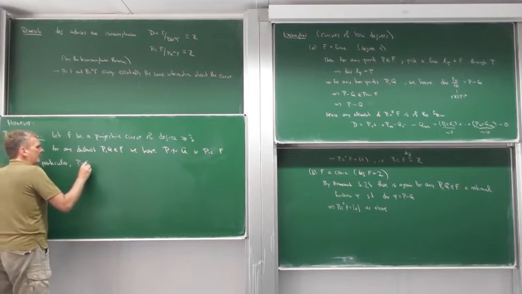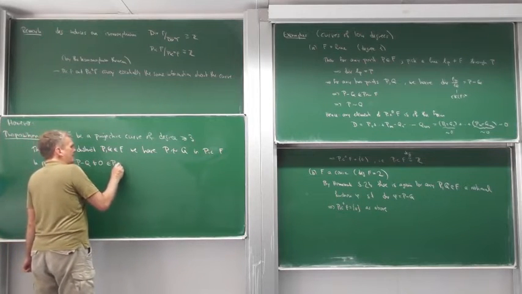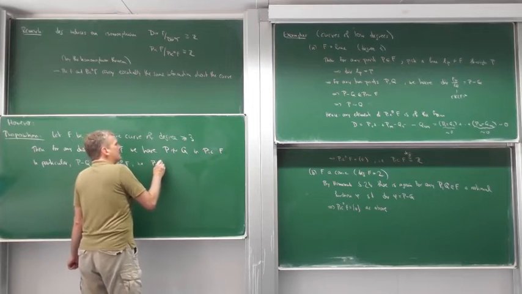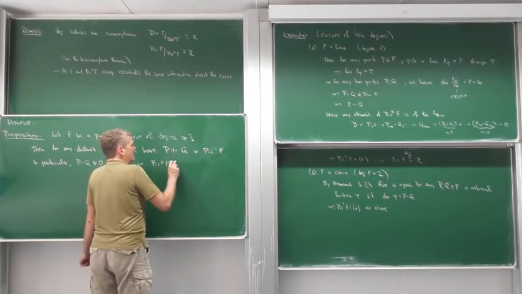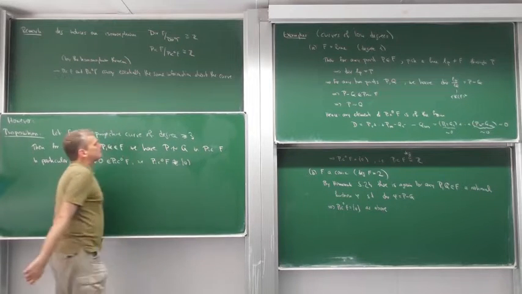So we could also write p minus q is not 0 in the Picard group Pic 0 F, i.e. Pic 0 F is not isomorphic to the trivial group.